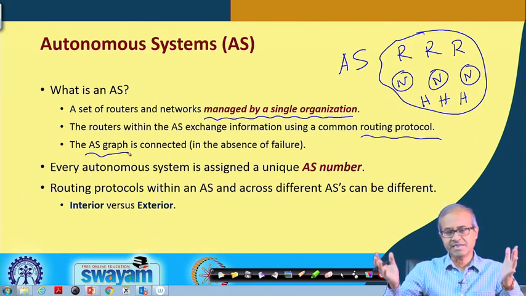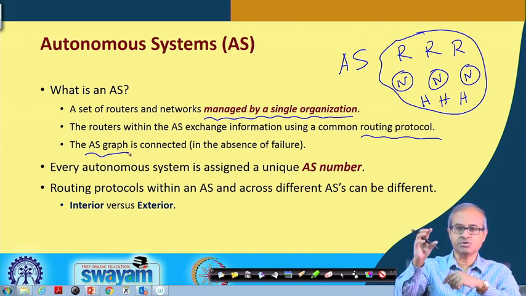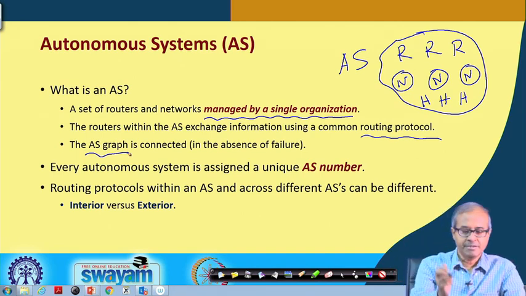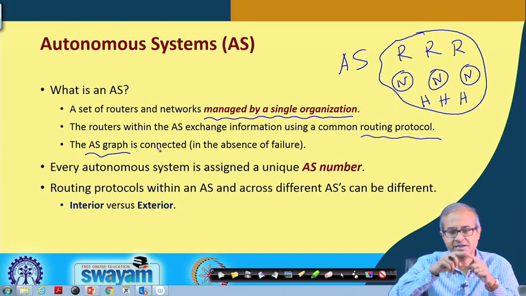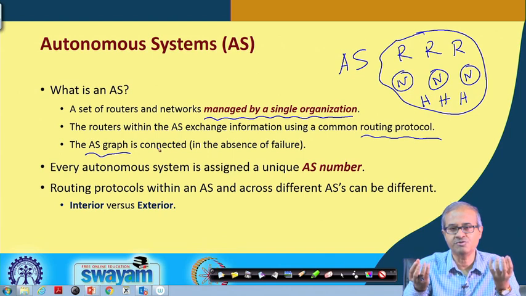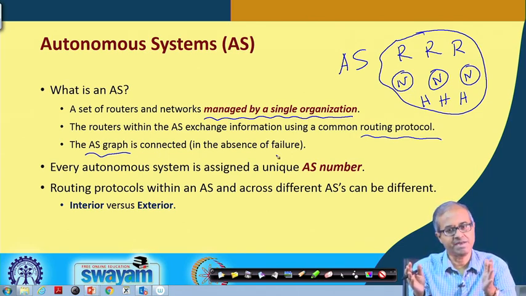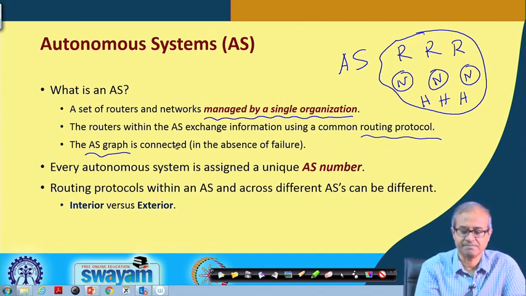In a network graph, we have seen some examples, the nodes are the hosts, routers and networks, and edges are their interconnections. If the graph is connected, which of course it has to be, because if there is no path between two nodes, then you really cannot reach there. But if there is some link failure, then your graph might get disconnected. But normally the AS graph is connected.